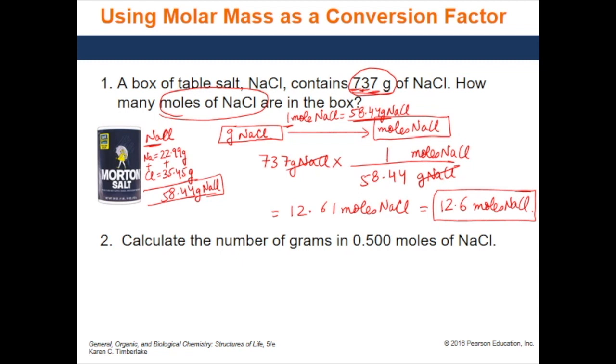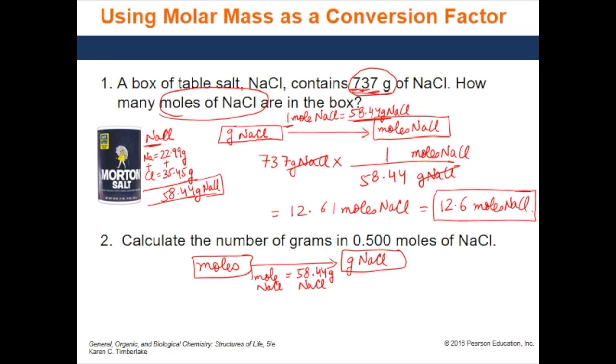Okay. The next question says calculate the number of grams in 0.5 moles of NaCl. So now what's given to us is moles, and the question is asking us to go from moles to grams. Again, what is the conversion factor between moles and grams? 1 mole of anything, in this case NaCl, will weigh its molar mass. We just calculated that was 58.44 grams of NaCl.